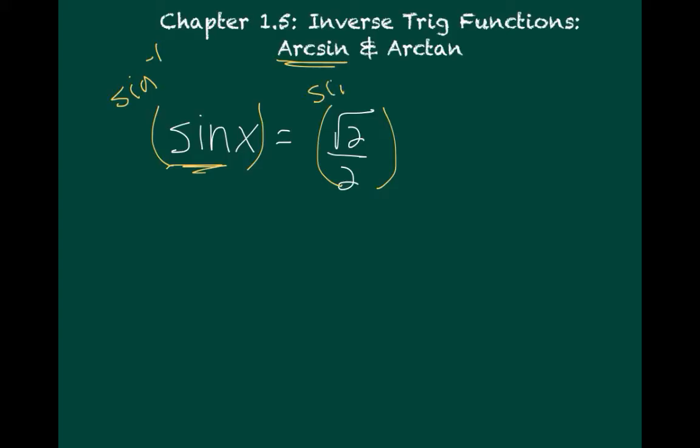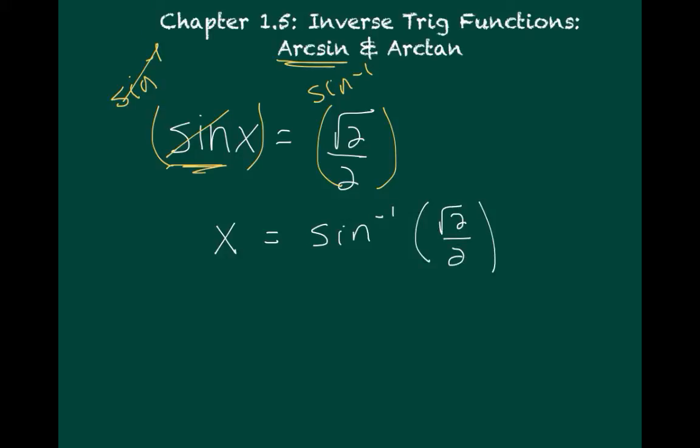So if I take the arcsine of both sides, the sine and arcsine will cancel each other out, just as square rooting and squaring cancel each other out, or multiplying and dividing. And so on the left side, I'm left with x. And on the right side, I'm left with the arcsine of root 2 over 2.